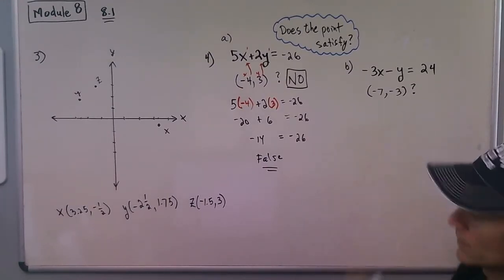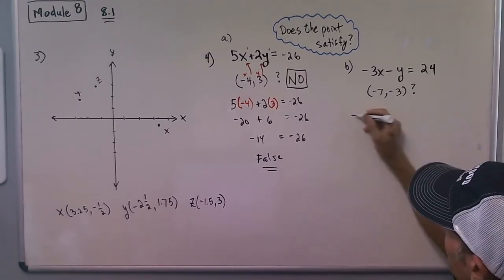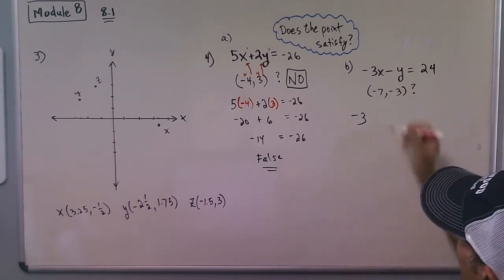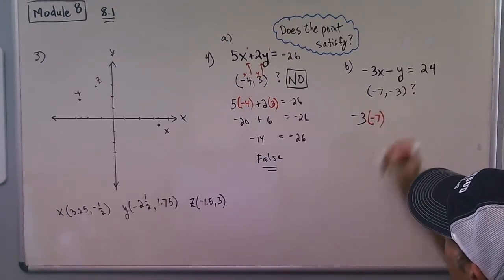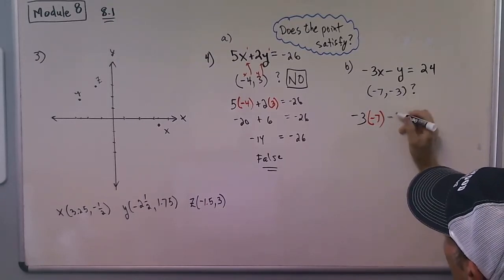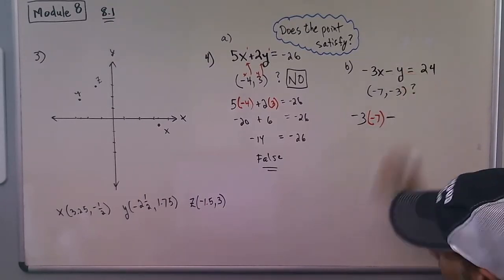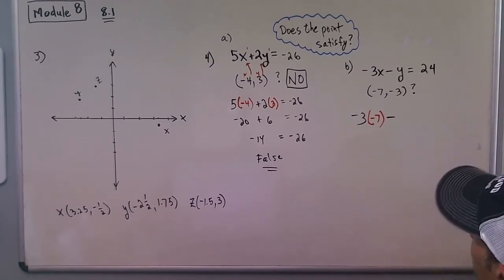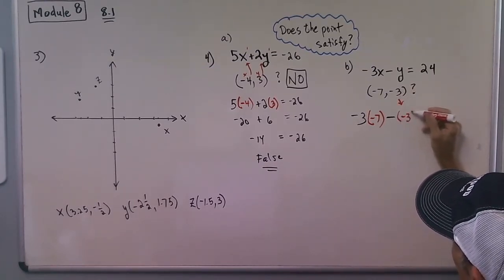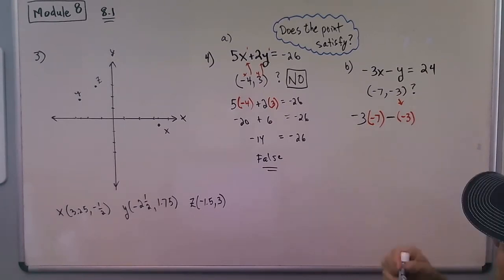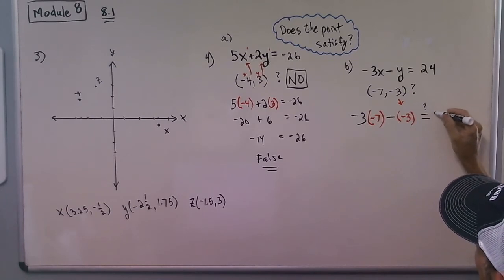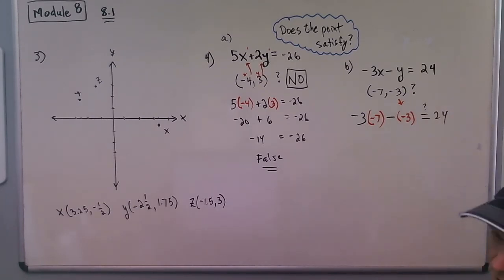Now taking a look at the next one, we'll substitute in the values x and y, so I have 3 times -7, then my minus sign right here, that's part of the equation, and then substituting the -3 in, it's a good idea to put it in parentheses. Sometimes students will put a question mark above the equals sign because that's what they're testing.